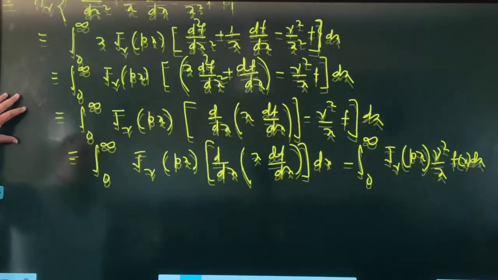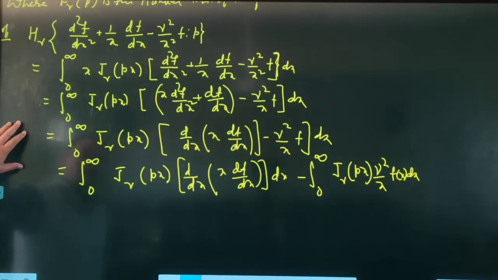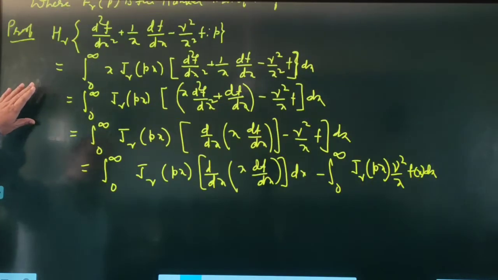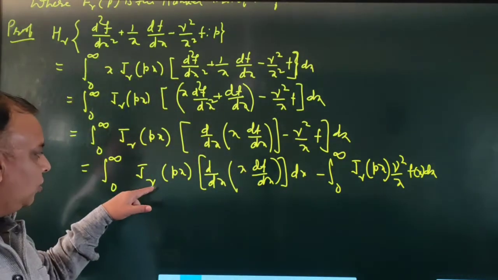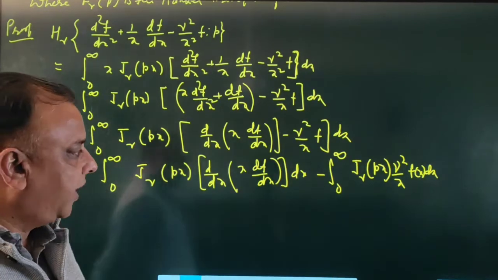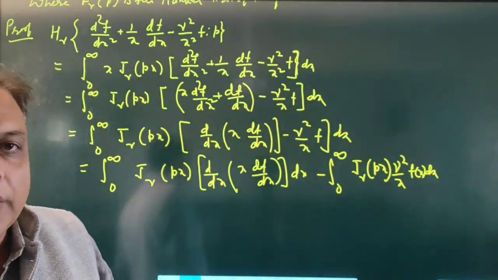Now in order to find this Hankel transform, first we integrate the first integral. The first integral is the integral from 0 to infinity of J_nu(px) d/dx of (x df/dx) with respect to x.